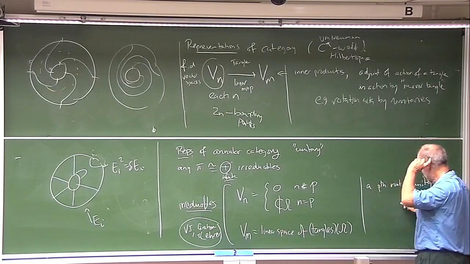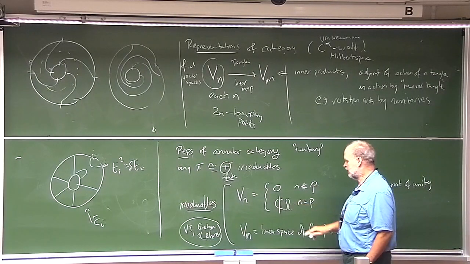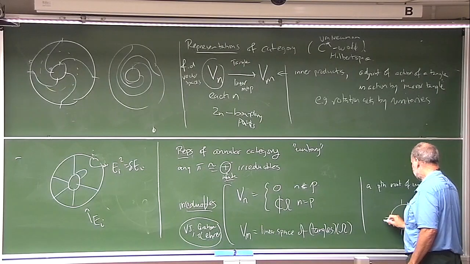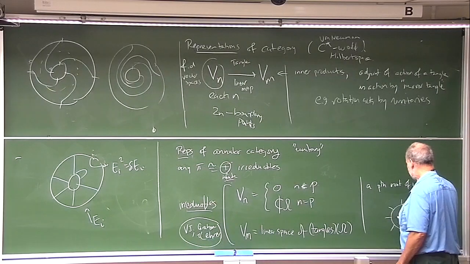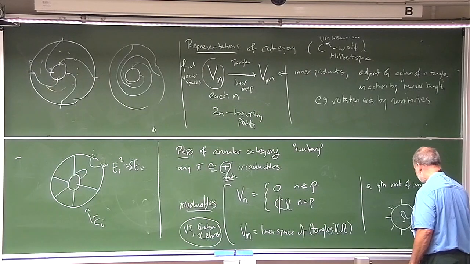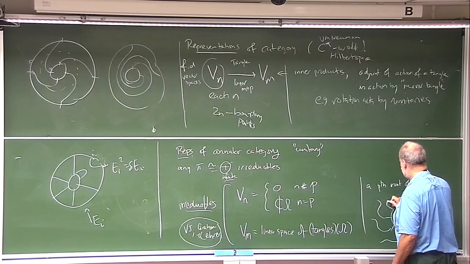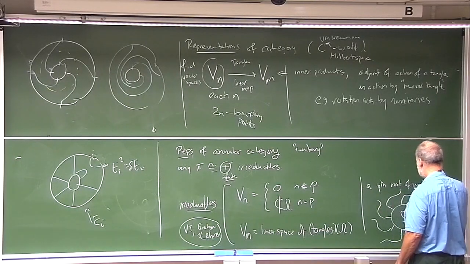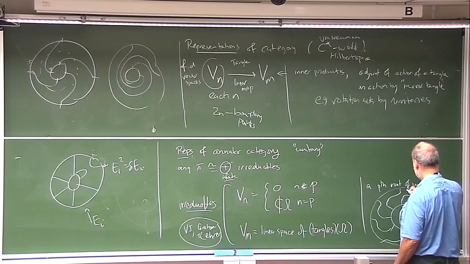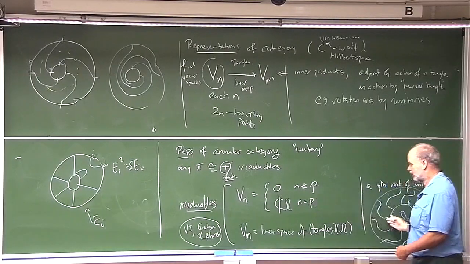And that's given by the following. Since this vector space V_p has dimension 1, then if we take this omega and we put it in here and then we rotate by 1, then this has to be another vector in the space.